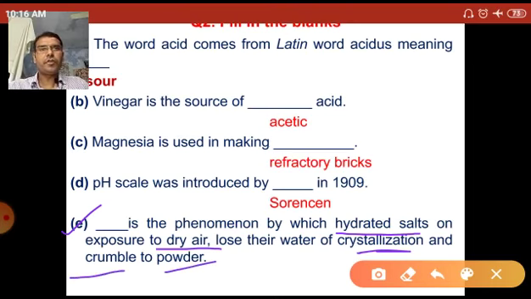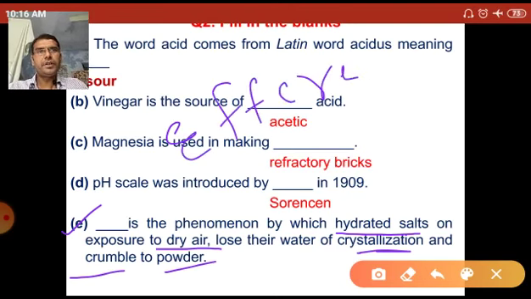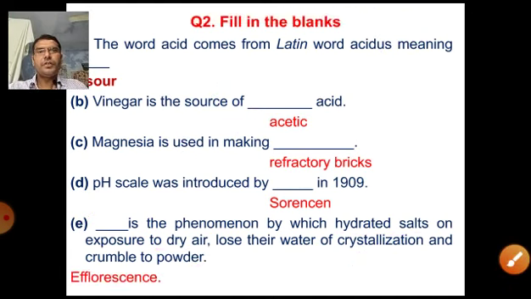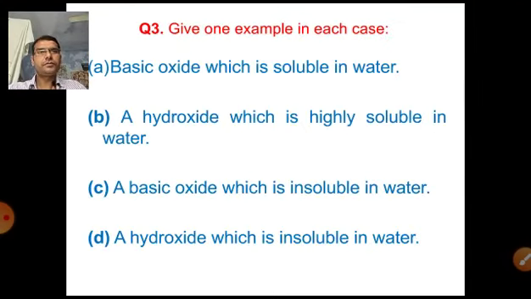As you know, when a hydrated salt is exposed to dry air, that salt loses the water of crystallization and forms a crumbled powder, and that phenomenon is called efflorescence. So here the answer is efflorescence.